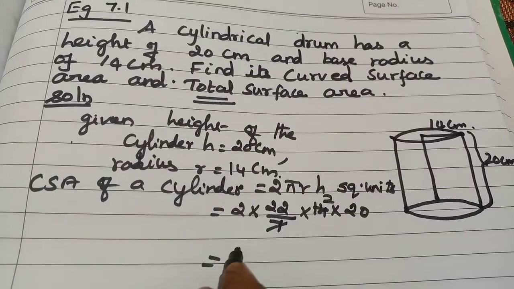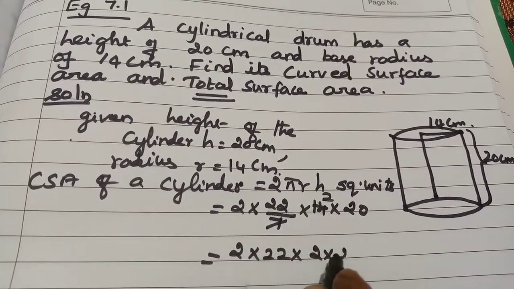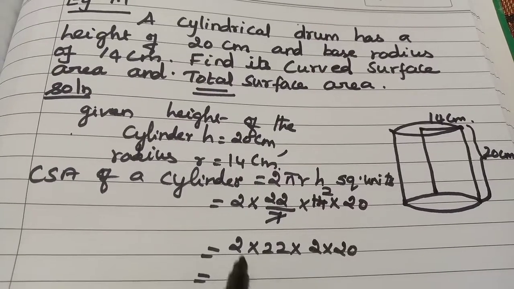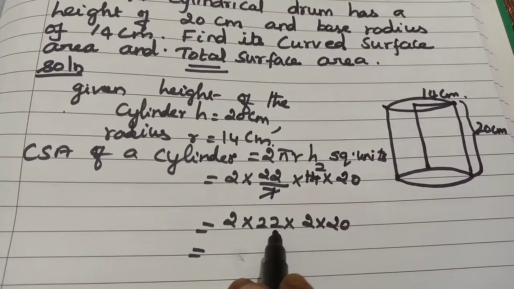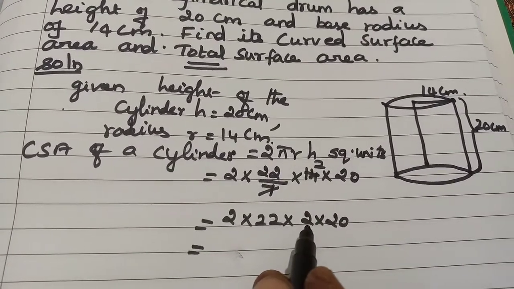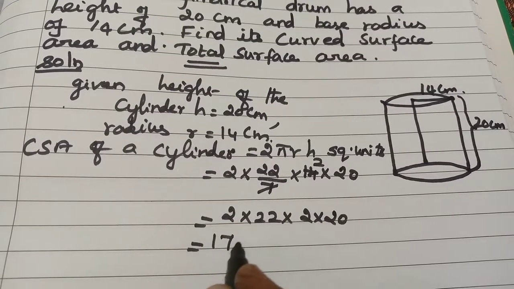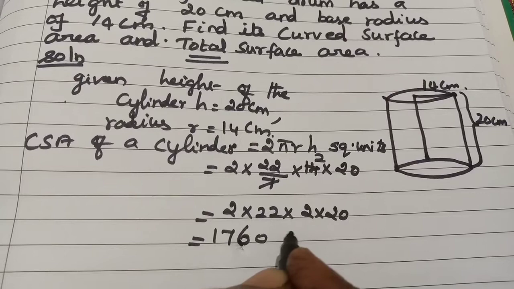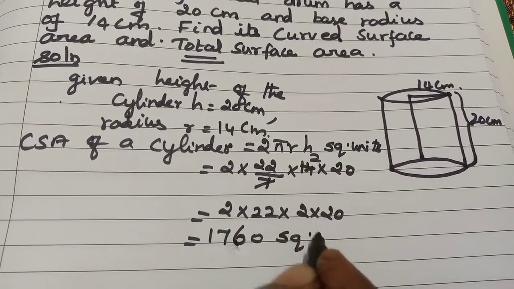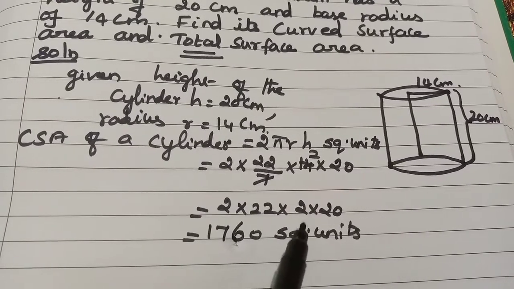Remaining value we have to multiply: 2 into 22 into 2 into 20. 2 into 22 is 44, 44 into 2 is 88, 88 into 20 we have 1760 square units.